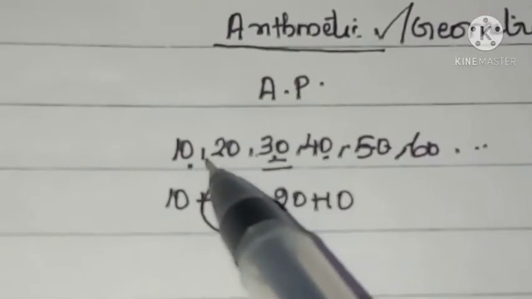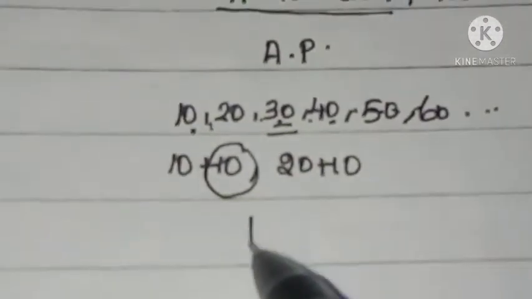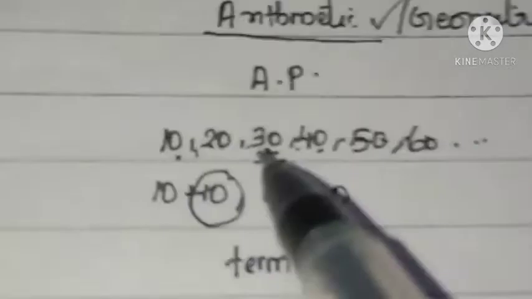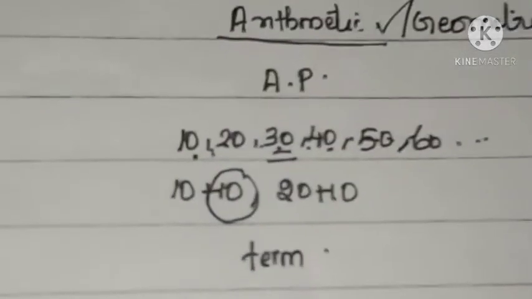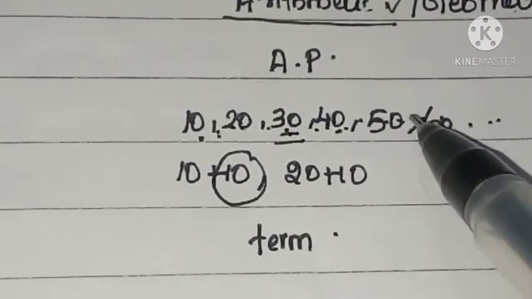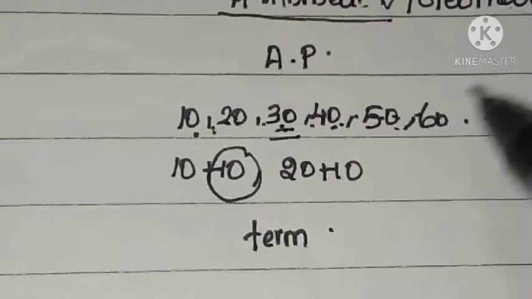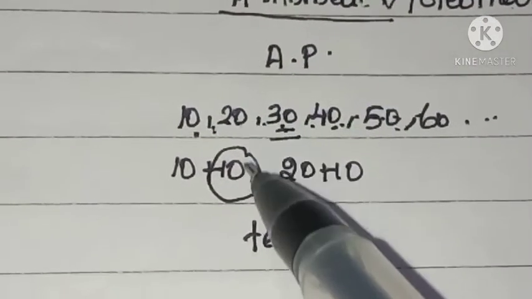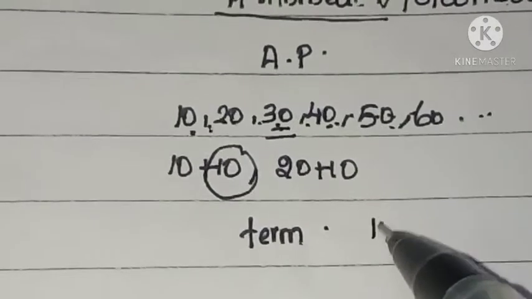And each and every number is known as a term. So 10 is the first term and 20 is the second term, 30 is the third term, fourth term, fifth term, etc. And here we are adding a constant number 10.